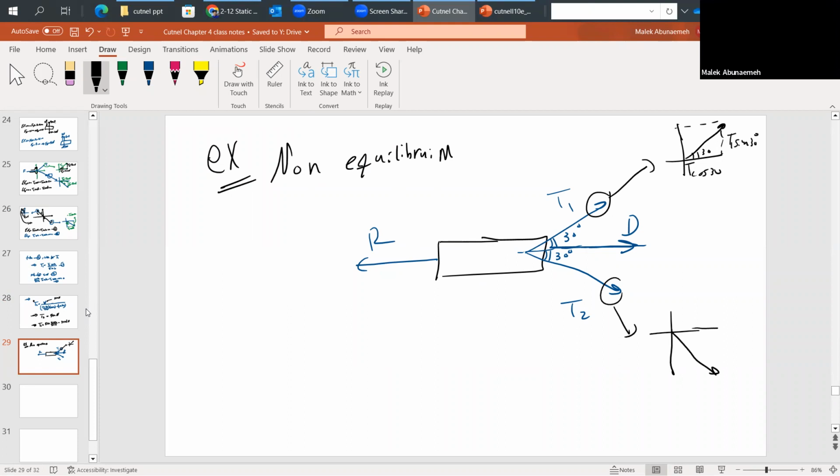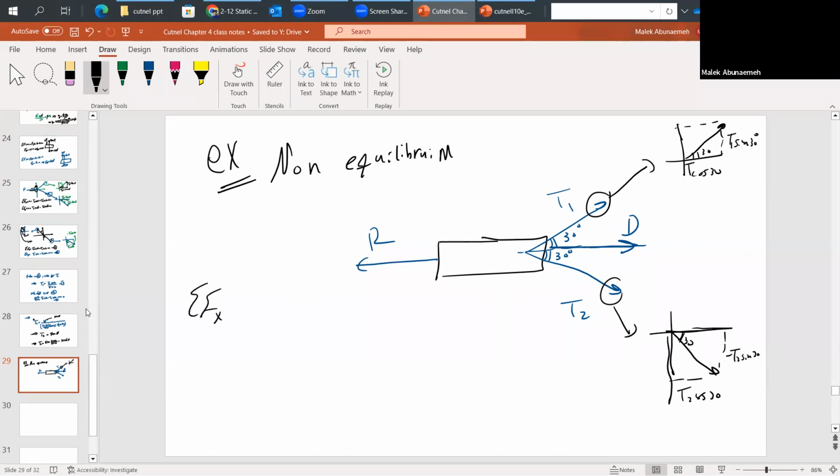This is going to be minus T2 sine 30, T2 cosine 30 degrees, which again, this is the same as this one over here. So now we analyze it. Your sigma forces in the x direction equals the mass times the acceleration in the x direction. So we're going to be looking at the x direction.